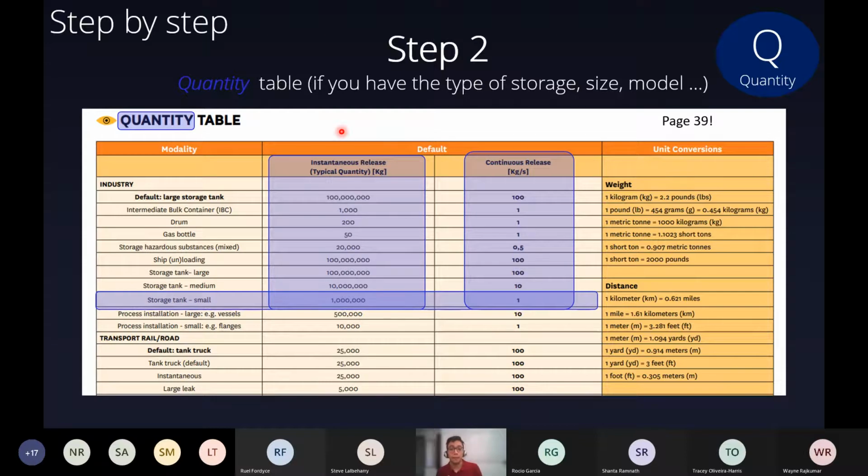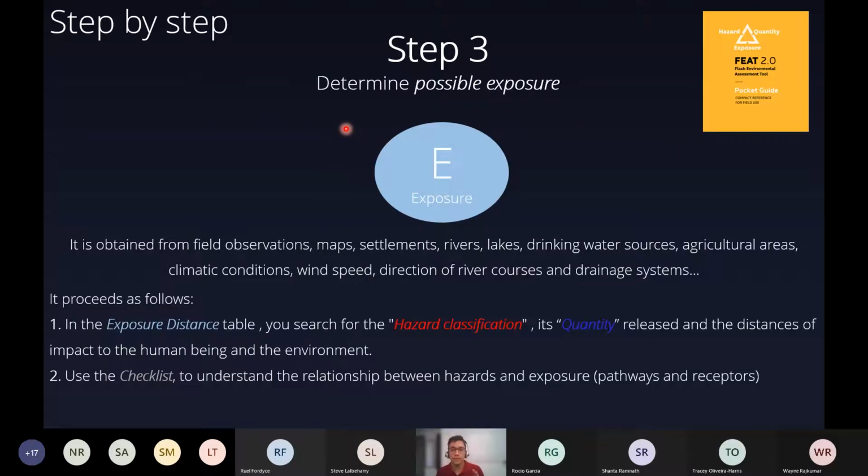And the third step is to determine the exposure. So in here, you have to consider some field observations if you can, or maps of observations.